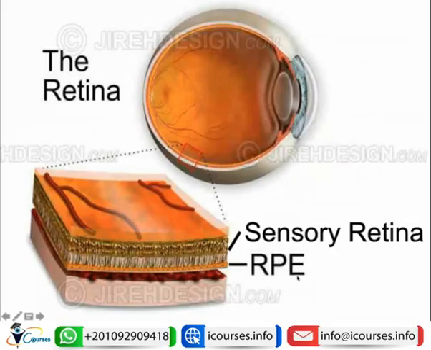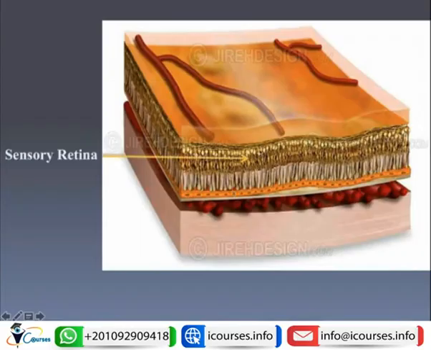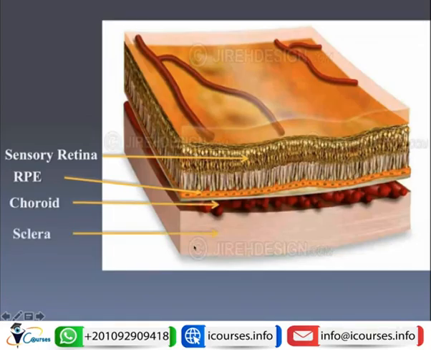The retinal pigment epithelium is just a single layer, while the sensory retina is about 9 layers. Here we can see the 9 layers of the sensory retina resting on the retinal pigment epithelium, while this is the choroid, and finally we reach the sclera.